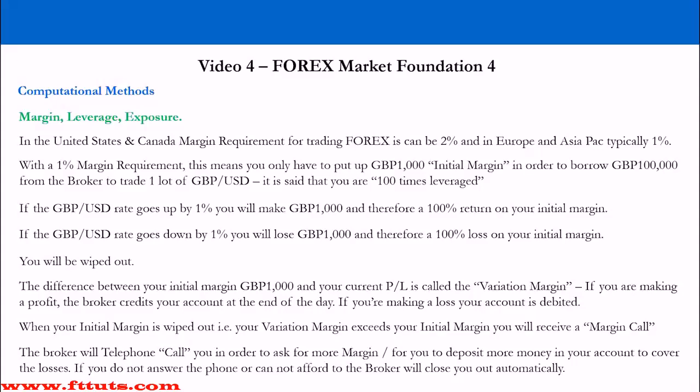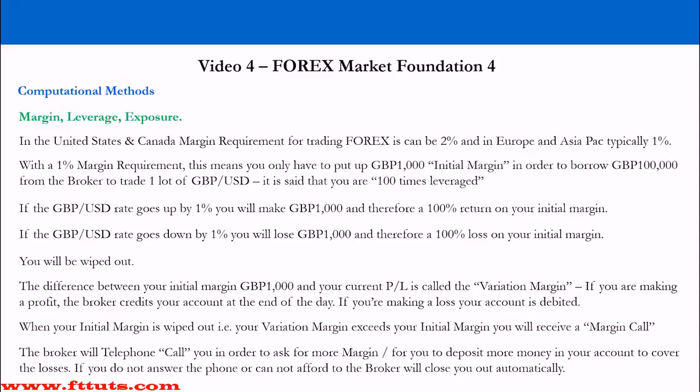And we looked at an example like this earlier with a 1% margin requirement. This just means you're only going to have to put up, say in the United Kingdom, £1,000 initial margin in order to borrow £100,000 from the broker to trade a one lot of sterling US dollar, or cable.